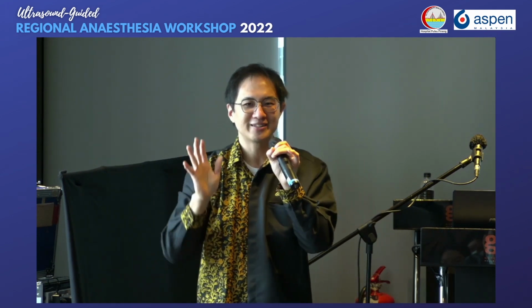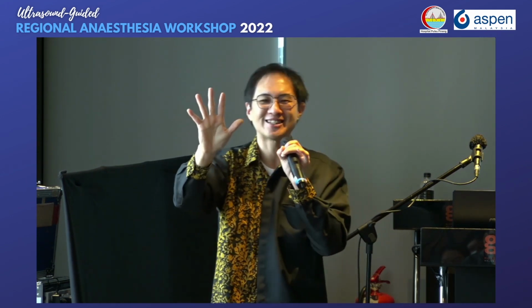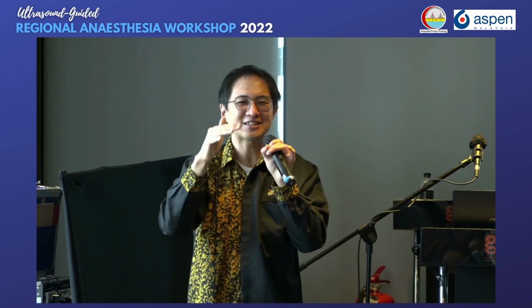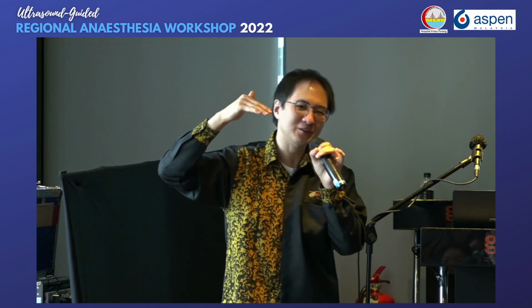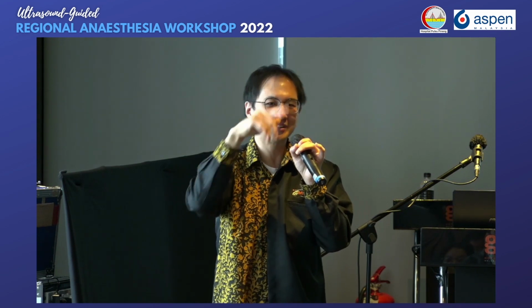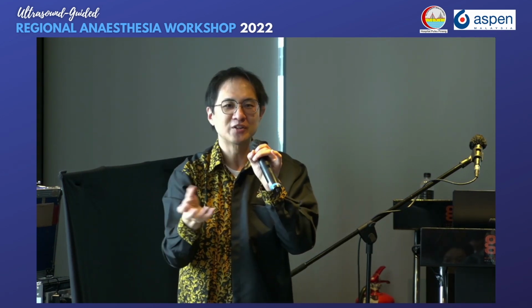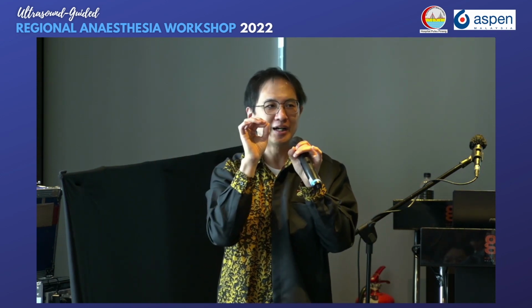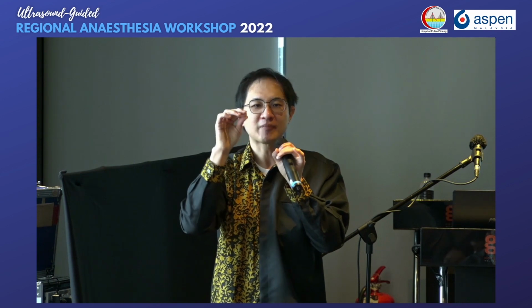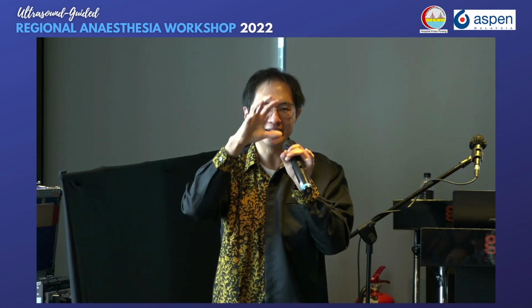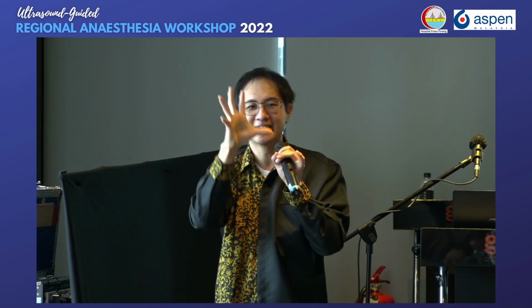But this sheath you cannot see under ultrasound because it's too small. So sometimes, if you didn't puncture deep enough, you result in a patchy block, inadequate spread. So for the popliteal sciatic nerve block, you need to really look for the nerve floating.